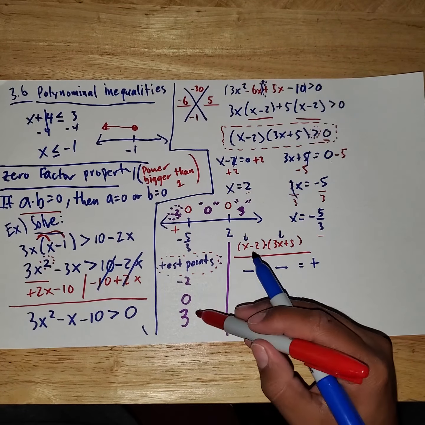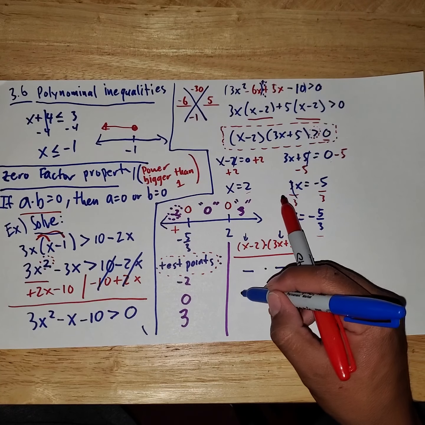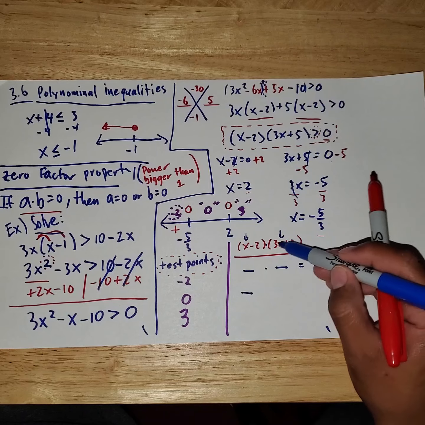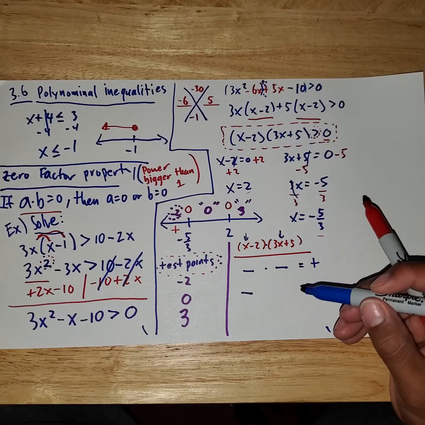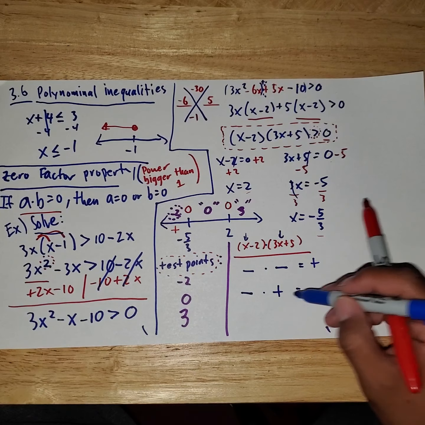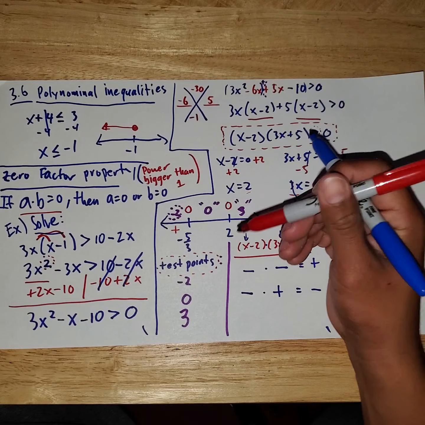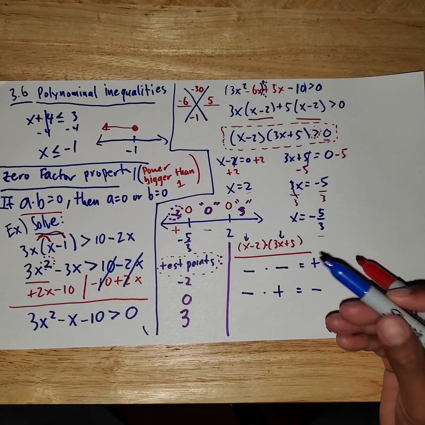Now let's try plugging in 0. If I plug in 0 here, that still leaves me with a negative. I plug in 0 here. 3 times 0 is 0 plus 5 is positive. And I know a negative times a positive is negative. So all my answers in between are going to be negative.